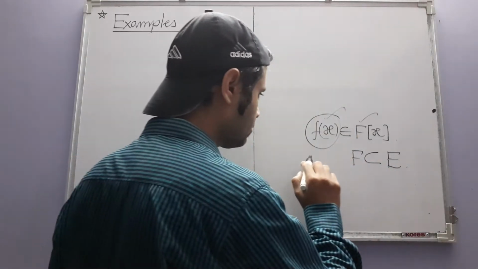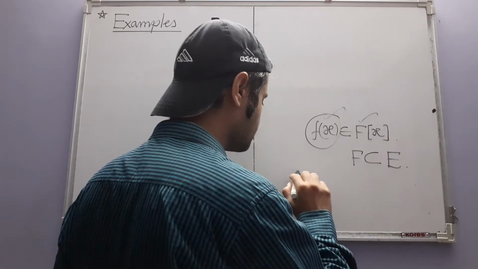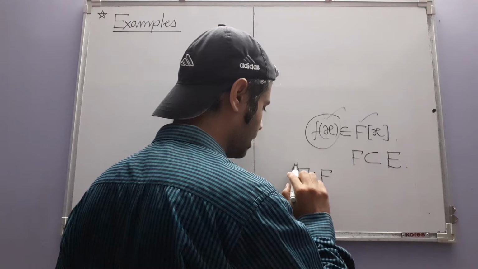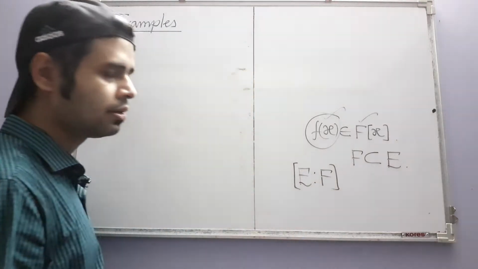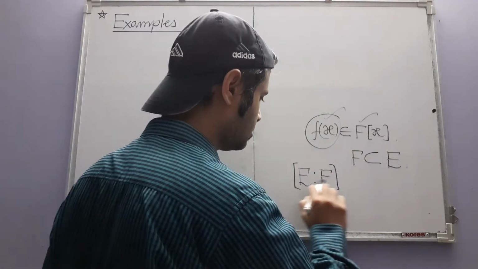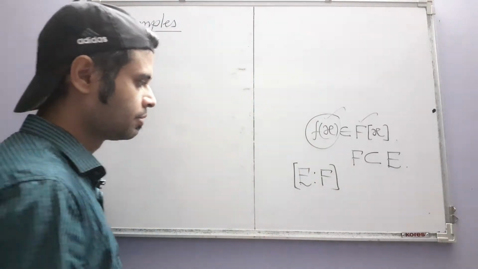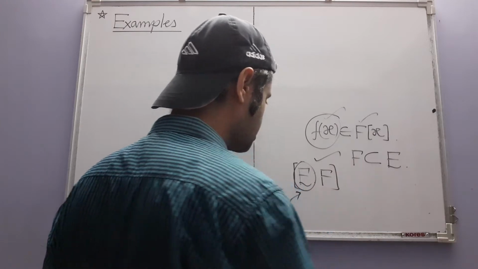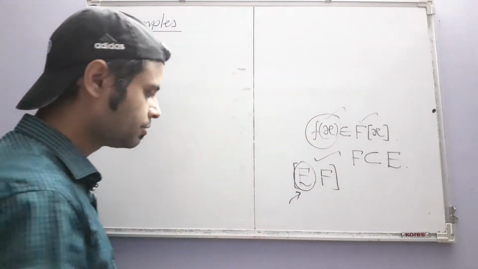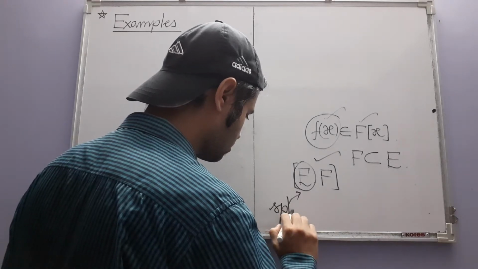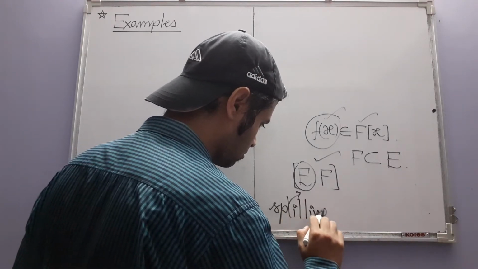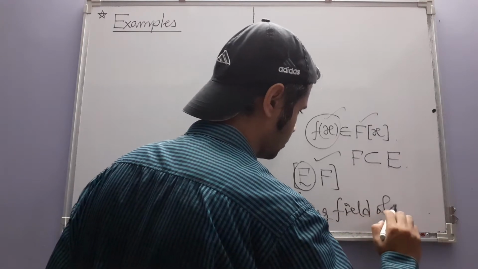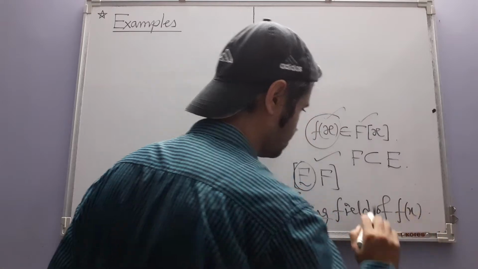And among such extensions, we also consider those that are minimal in the sense that these degrees are minimal, and such extensions have been called splitting fields of our polynomial.